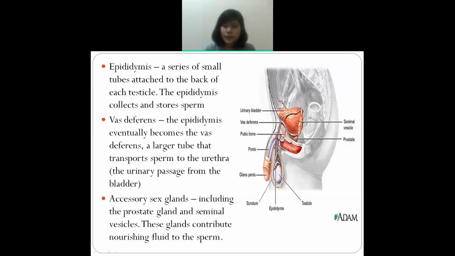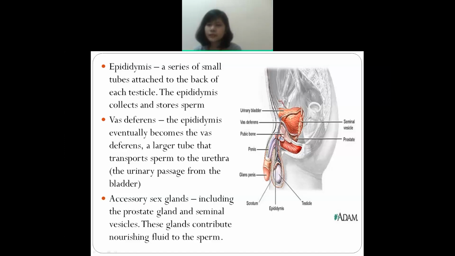The testicle makes the sperm, and the epididymis collects the sperm and stores it. They keep it in a safe place, you can say.